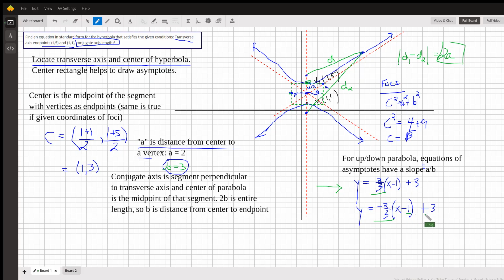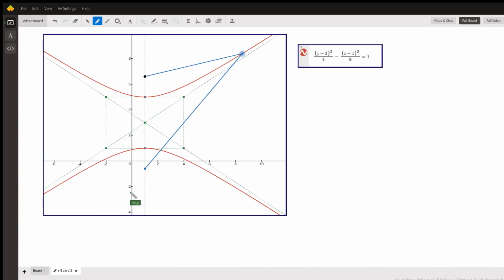And then the center is at (1, 3). And here's what that looks like with a full-blown sketch. There's the equation. The center is at (1, 3). a is 2, so this is 2 squared. b is 3, so that's 3 squared.